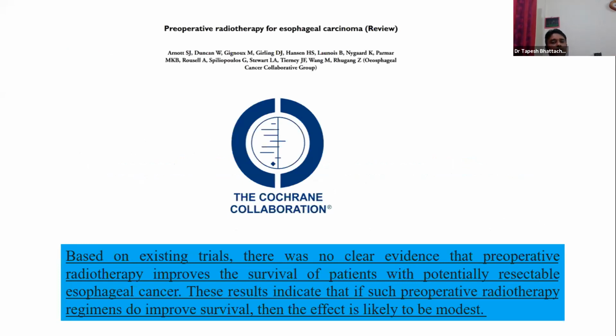This was a Cochrane collaboration review, where they found that based on existing trials, there was no clear evidence that preoperative radiotherapy improves the survival of patients with potentially resectable esophageal cancer. These results indicate that if such preoperative radiotherapy regimens do improve survival, then the effect is likely to be modest. There was only 3% benefit, and that too was statistically not significant.